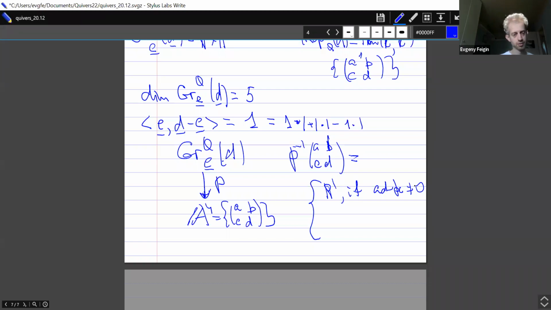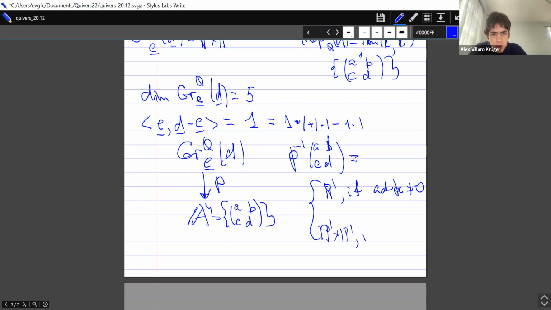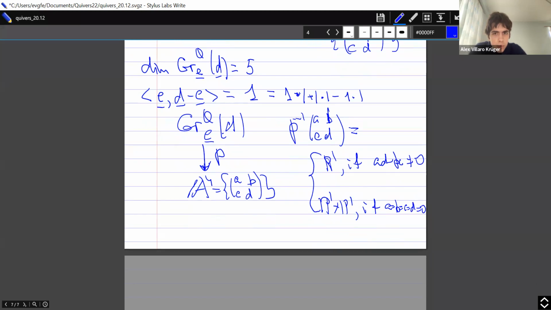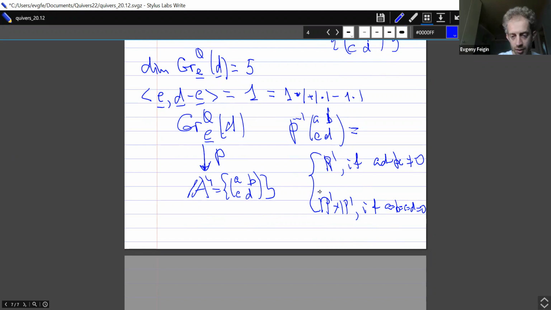Okay. Now assume that it is degenerate. It still depends, because if all of them are zero, then it's just P1 times P1. But if it has rank 1, then, yes.